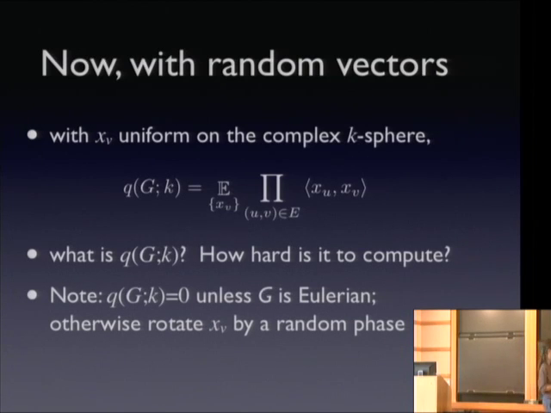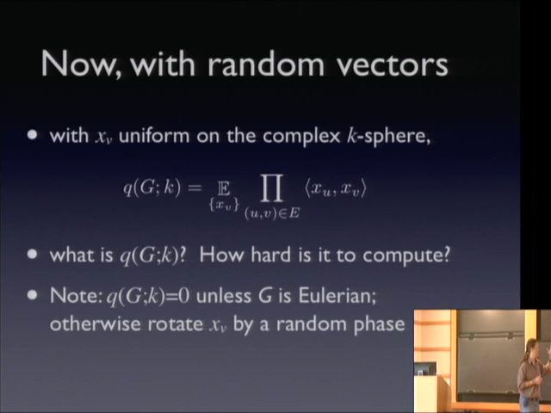So then I get this thing. It's a function of the graph and the number of dimensions, k, in which these vectors live. And again, you can think of it as a kind of moment of the joint distribution of these vectors.